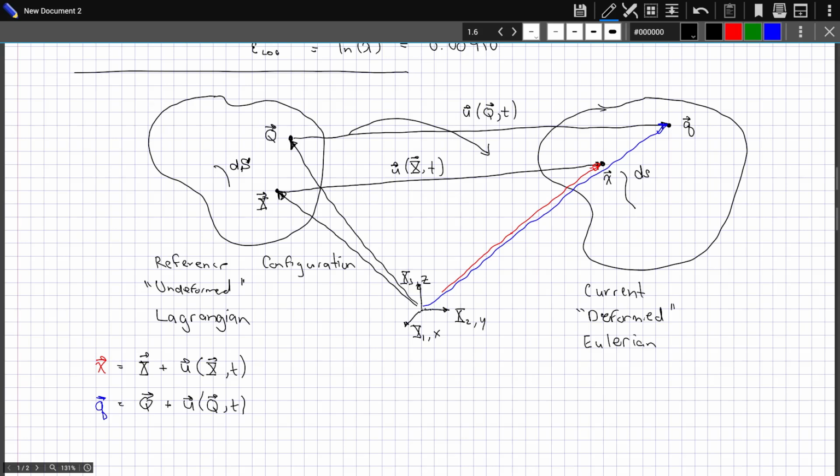So I'm going to write down q minus x is equal to u of q, and I'm going to drop the t just for a little conciseness in the notation.